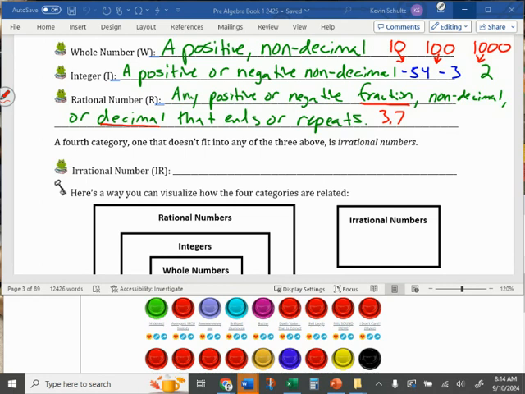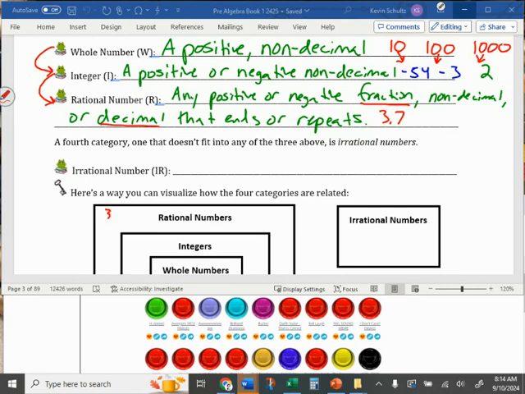Is it whole? No, because wholes are only non-decimals as well. So as you work down through this set, every whole number is also an integer. Every integer is also rational, but it doesn't necessarily work the other way. That's because rational is the biggest set here, right?